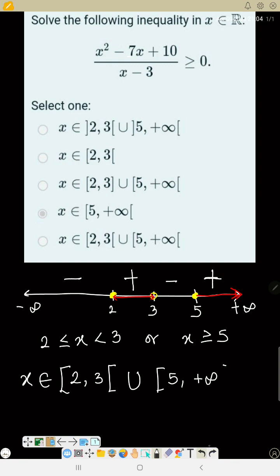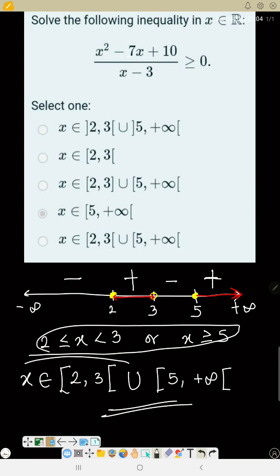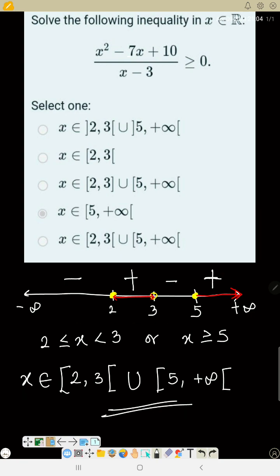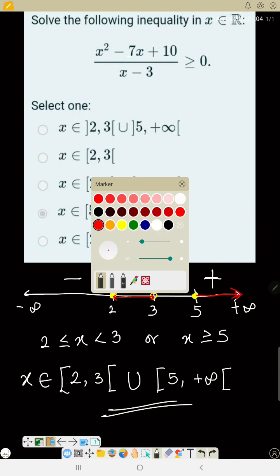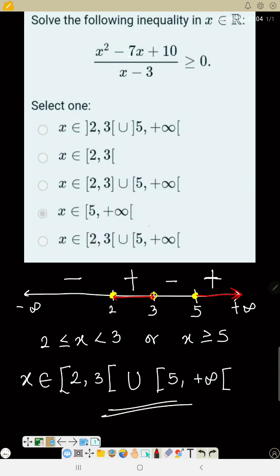Watch my video on interval notation, then you will understand better. So this will be the answer. The answer can be in this form or in this form, but our option here is in this form. So the correct option is E. That's the correct answer if you confirm it.